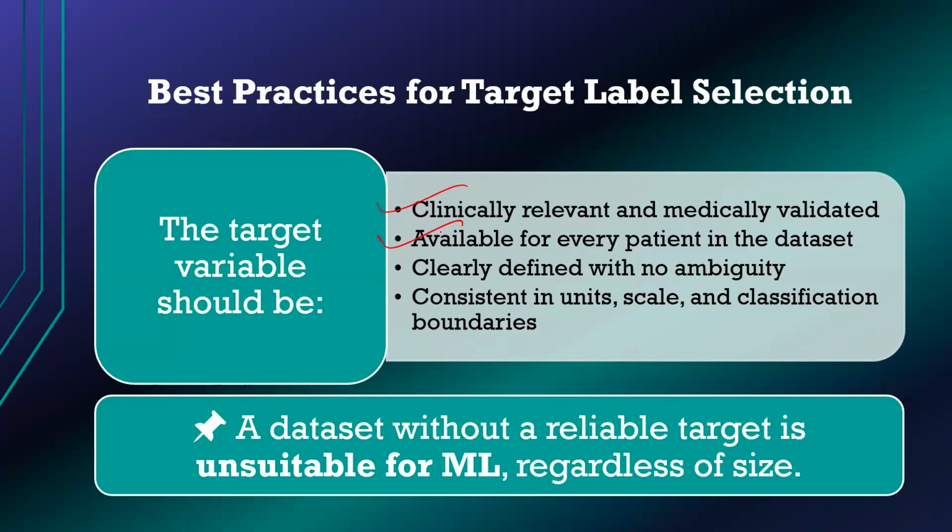And there is one more important thing. You need to ensure that all the variable collections, especially the target variable, are consistent in terms of unit, scale, and classification boundaries.